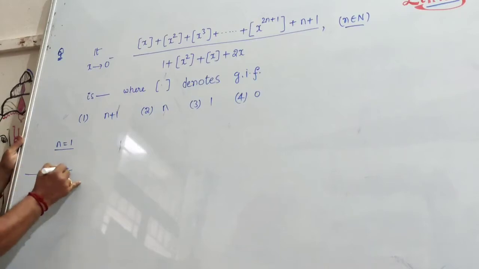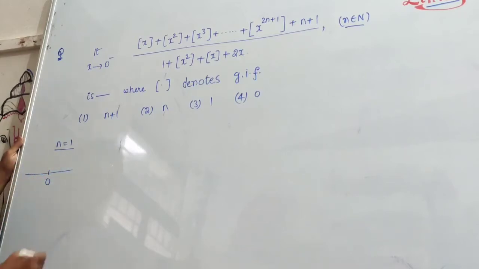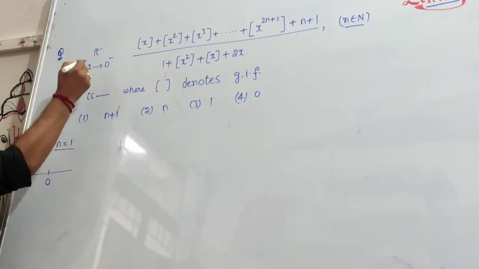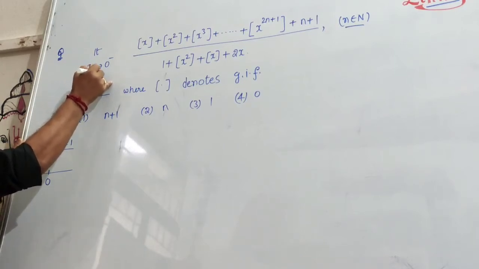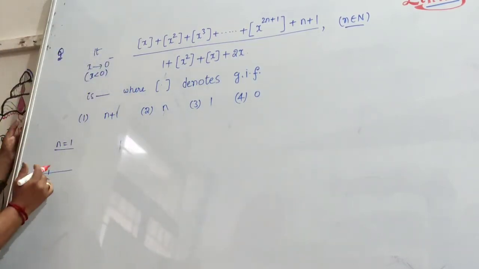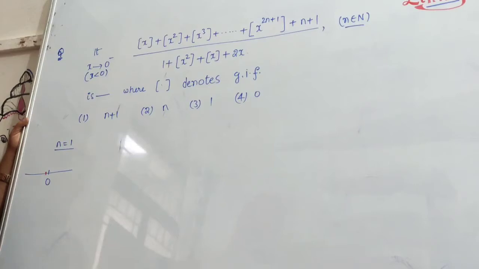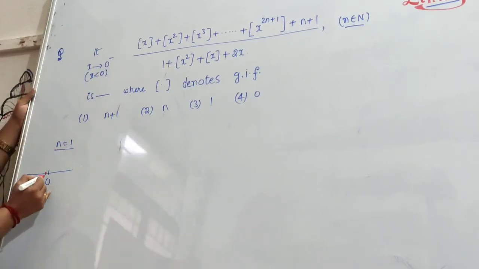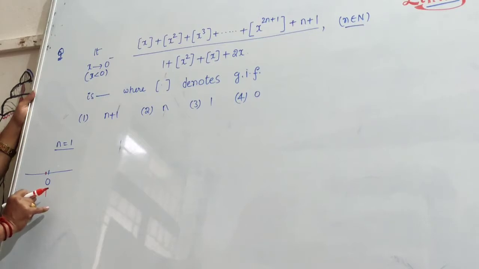So, here x less than 0 means, according to the definition, the discussion will be just less than 0. Just less than 0 means what? Minus, suppose 0.1. I am considering minus 0.1 because it is very near to 0.